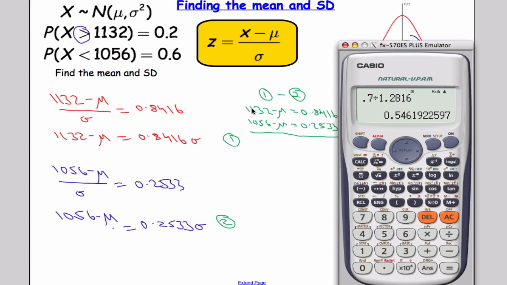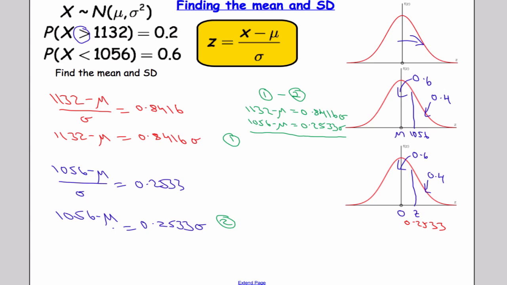So let's start with the top. 1132 minus 1056 is 76. So 76. Then minus mu minus mu. So let me just write down what I'm doing here. We've got negative mu, and I'm subtracting negative mu. Two minuses magically become a plus and they cancel out.